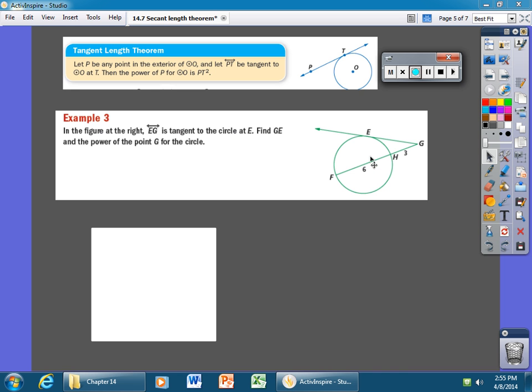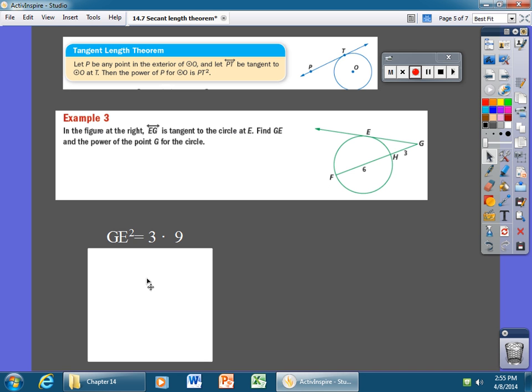So let's go down here and look at this example. I want to find the distance between the point of tangency on the circle and the intersection point G. I also want to find the power of the circle. So I'm going to set it up. It's going to be 3 times 9, because I used the whole thing, and then GE squared, because I would be multiplying GE times GE.